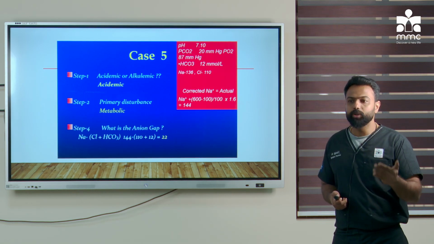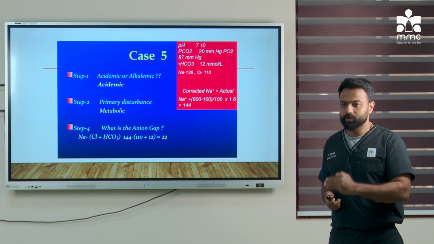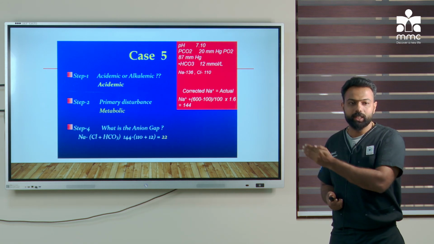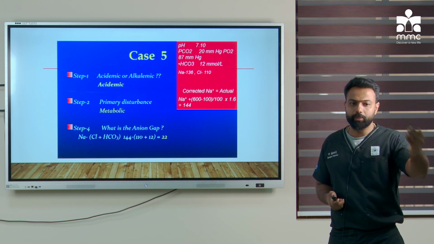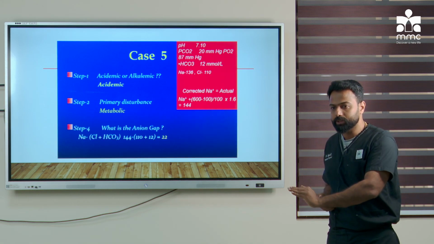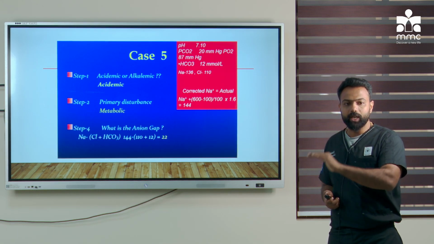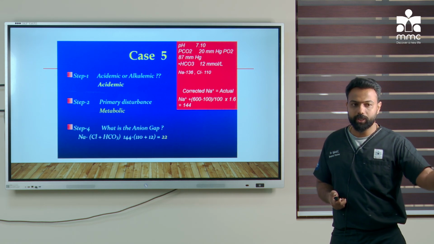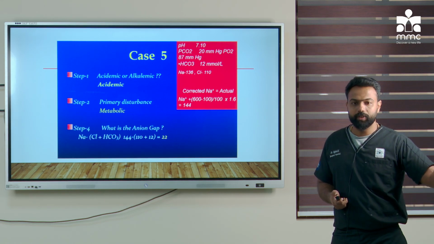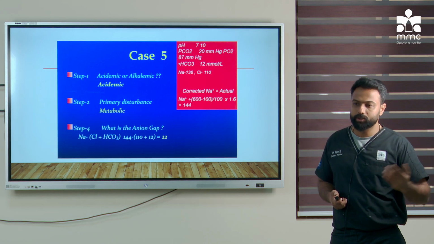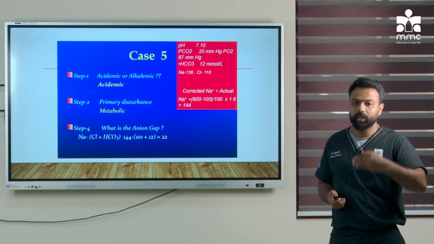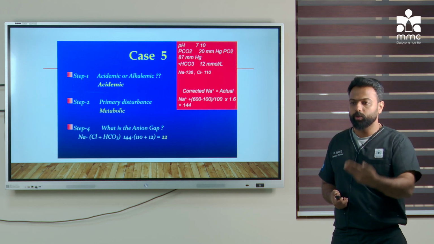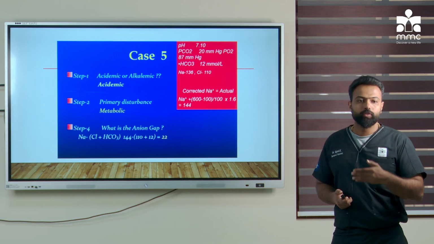Finally, you have to find out the compensation also, by applying the formula. If somebody is having a metabolic acidosis, you apply the formula and look at the PCO2. If it is elevated or decreased from our anticipated value, there is some additional abnormality also.